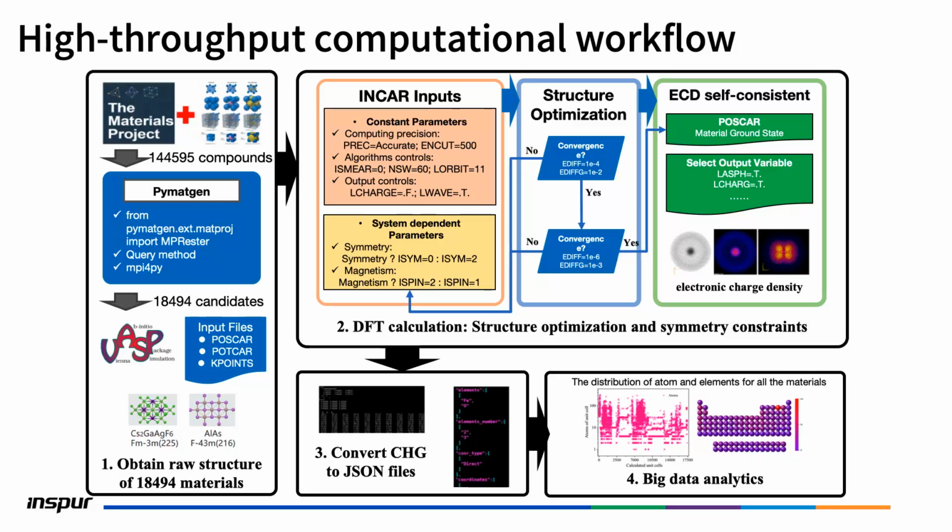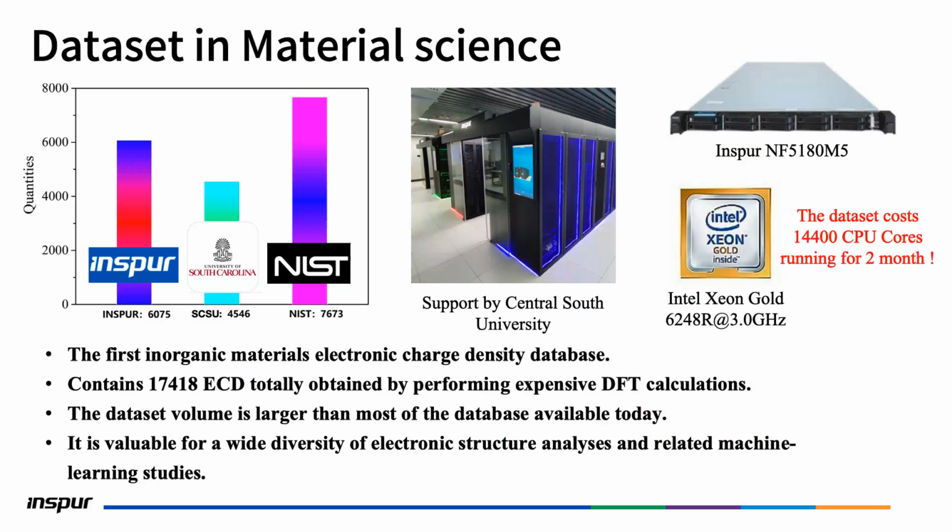In the last step, we made some data analysis with the results, such as the distribution of the space group, volume, and the number of atoms in the unit cell, and elements. Finally, we obtain a real space electronic charge density database, which contains 17,480 cubic inorganic materials.